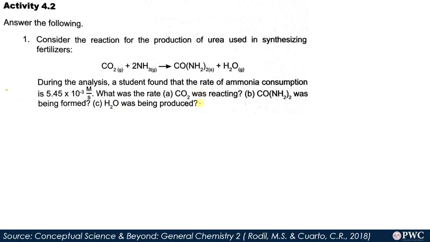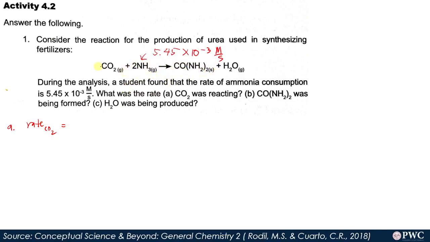Again, the given here is the rate of ammonia. So the rate of ammonia here is equal to 5.45 times 10 to the power of negative 3 molar per second. So the first task is to determine the rate of CO2 reacting. Now let's analyze our chemical equation over here.